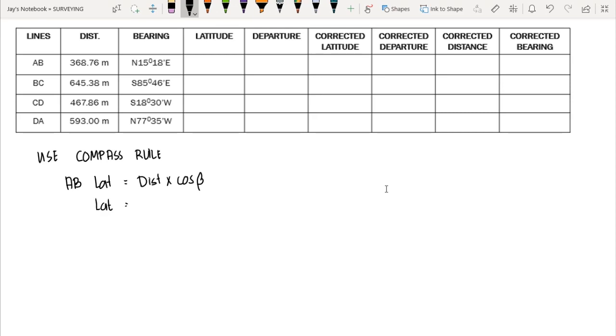We have the distance of the traverse for AB, 368.76, then its bearing, which is north 15 degrees 18 minutes east. So we have 368.76 times cosine of 15 degrees 18 minutes. The value of our latitude for AB is 355.69 meters.